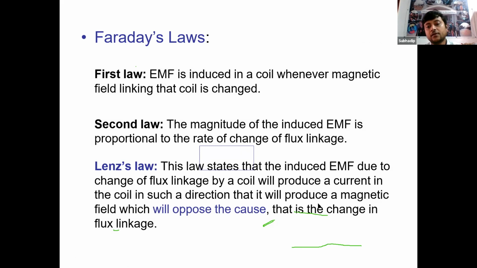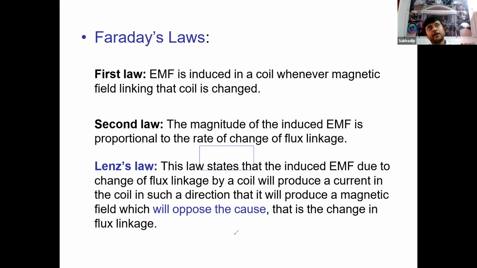Now, what is Faraday's law? There are so many laws of Faraday. In terms of voltage generation, that means instantaneous voltage generation, there are two basic laws: first law and second law of Faraday's law of electromagnetic induction.